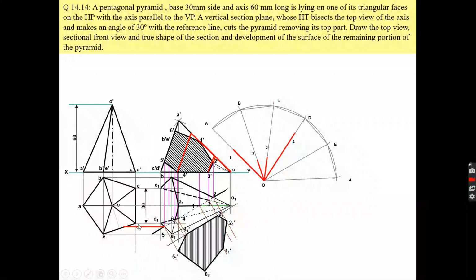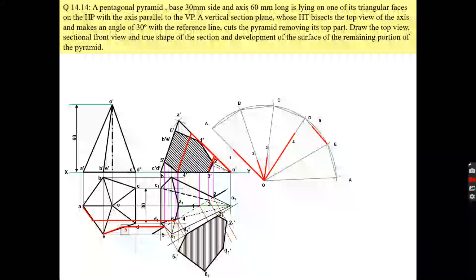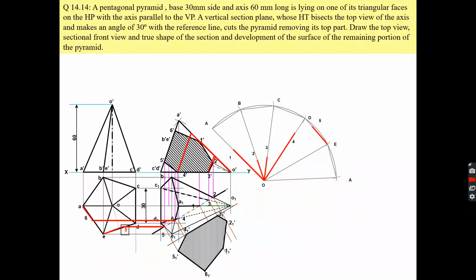In a similar way, you can easily measure the distance of point 5 either from point E or point D, and you can mark it here on the development part. Similarly, you can mark point 6 on AE, measure the distance of that point from A or point E, and mark it on the development part.